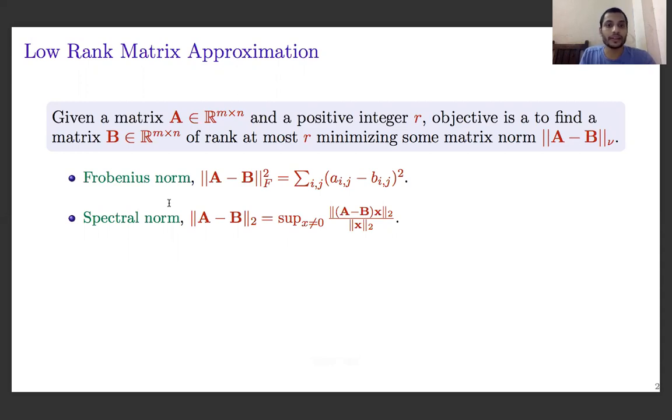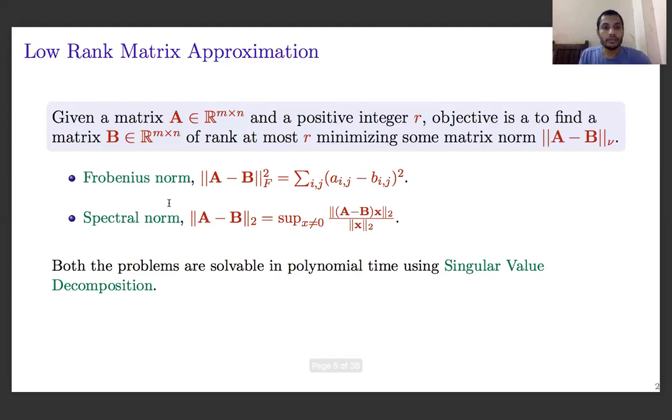And in the case of spectral norm, it is the L2 norm of (A minus B)x divided by the L2 norm of x, the maximum value over any non-zero x. The spectral norm is, in some sense, the worst case extremal stretch of the matrix. On the other hand, the Frobenius norm is an averaging measure. And both these problems are solvable in polynomial time using singular value decomposition.